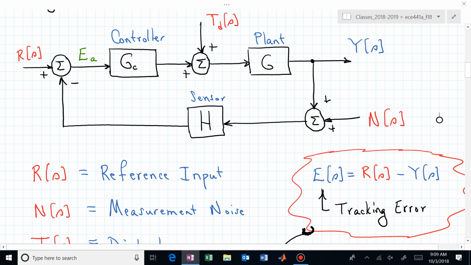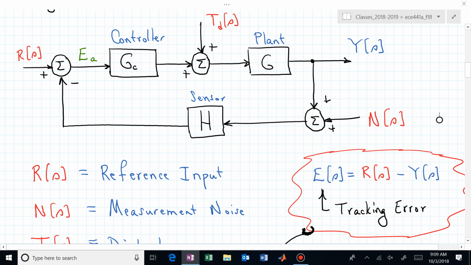The plant is usually given. If you are in the early stages of design or development and somebody says, oh, how do we build this plant? Knowing what your control knowledge provides you, it might be to your advantage to get into that process early and help with the design of G of S so that your control task is not as difficult.